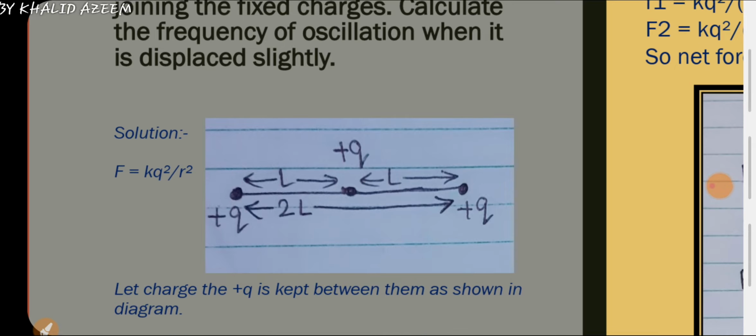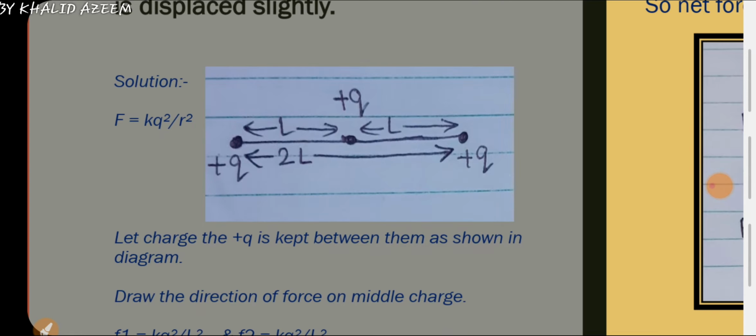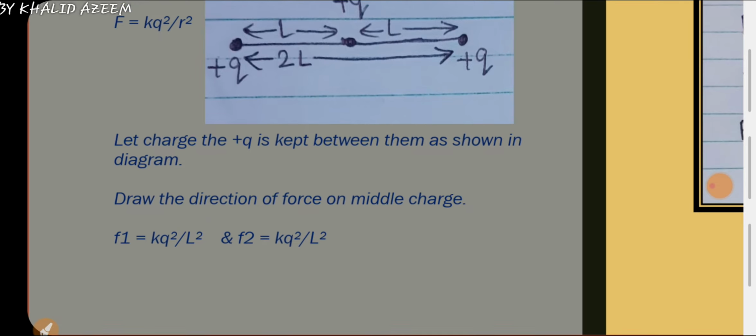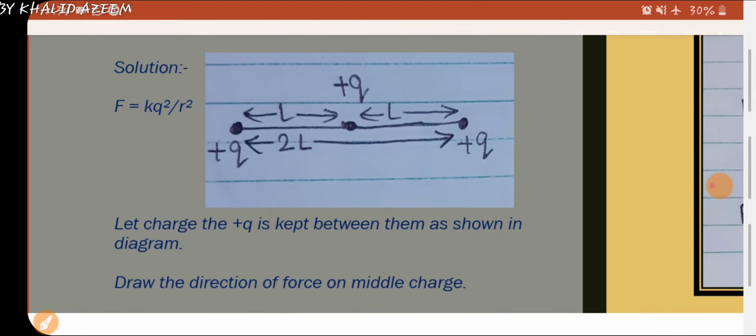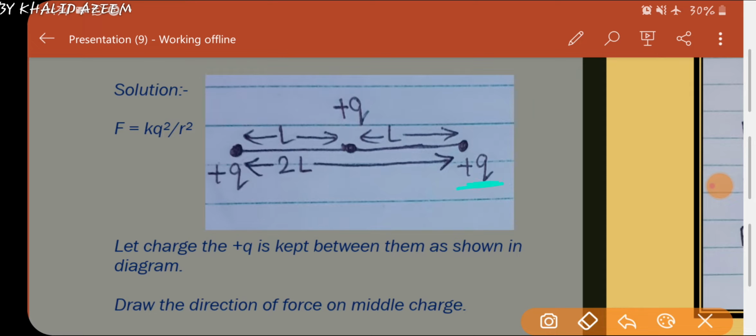Now, first of all, I am going to draw the direction, and before the direction I am writing the value of the forces between them. Let F1 be the force between this plus Q and this plus Q, and similarly F2 be the force between this plus Q and this other charge.